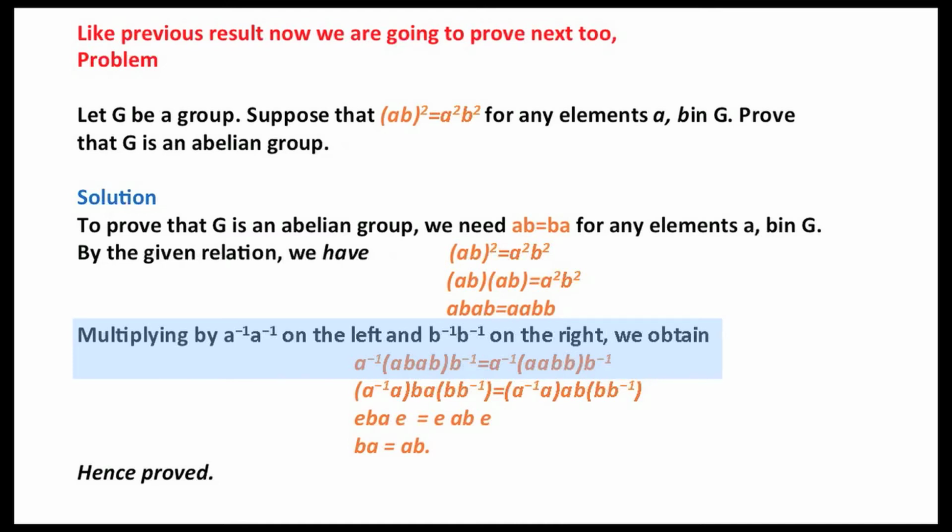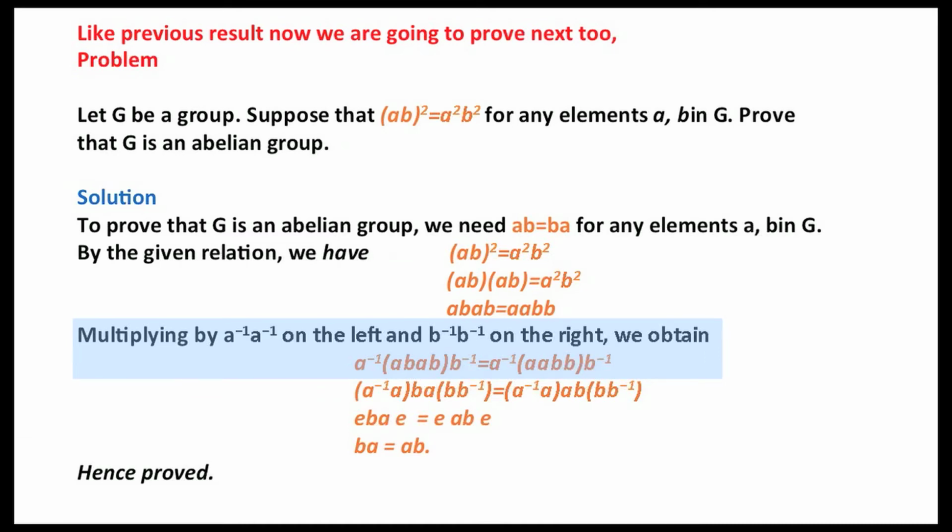Multiplying by a to the power minus 1 on the left and b to the power minus 1 on the right, we obtain a to the power minus 1 times a b a b, the whole multiplied by b to the power minus 1, that is equivalent to a to the power minus 1 times a a b b, which is again multiplied by b to the power minus 1.